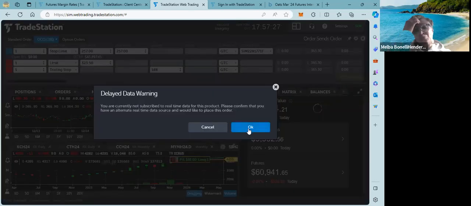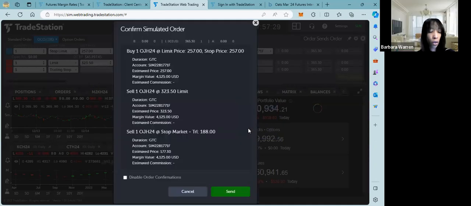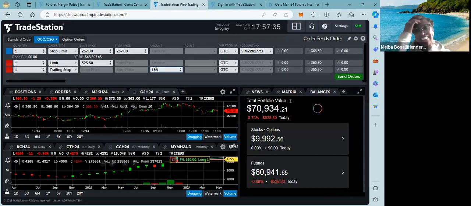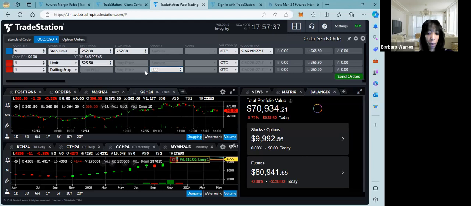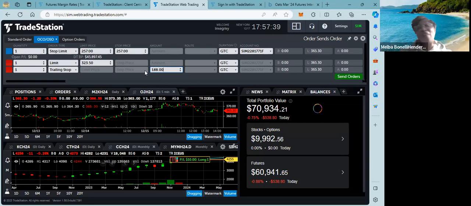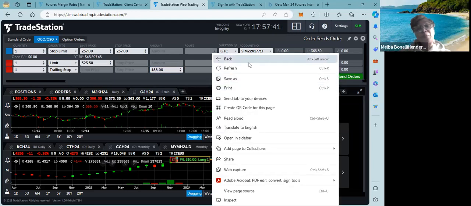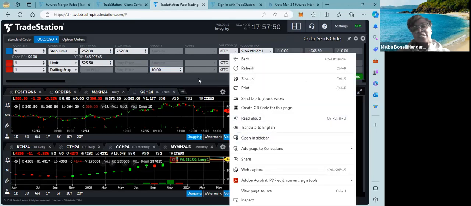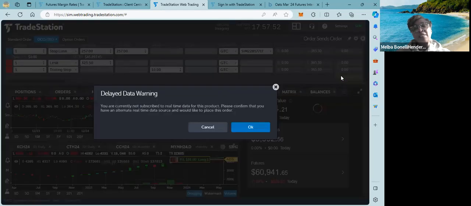Because we don't want that. It really was geared towards the 1, 2, 3 top formation. So for demonstration purposes, it's okay. Put the 10 in there, and click send.